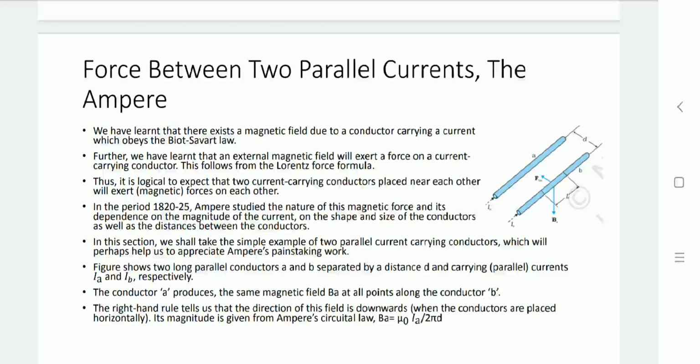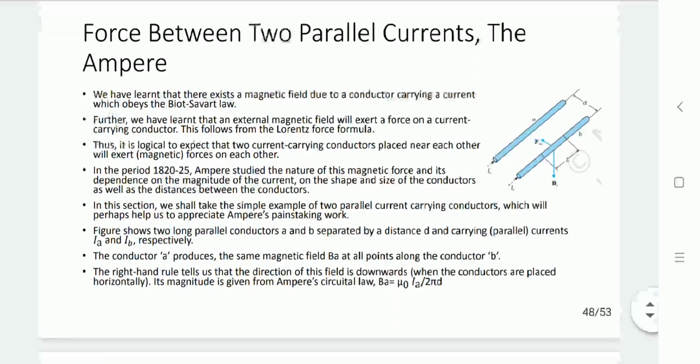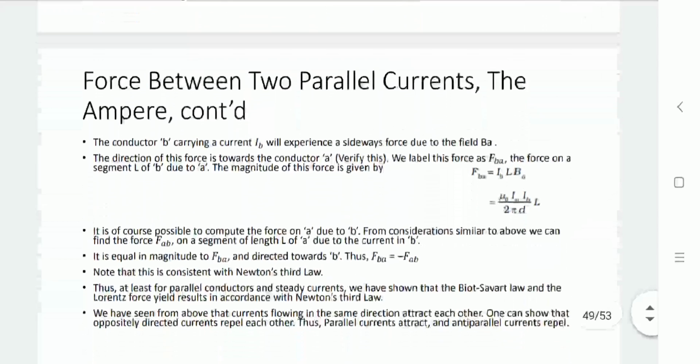First we consider conductor A. At that time conductor B was not there, so the magnetic field is available only due to conductor A, that is mu 0 Ia upon 2 pi d. Now bring conductor B parallel to conductor A, so the magnetic field BA affects it.